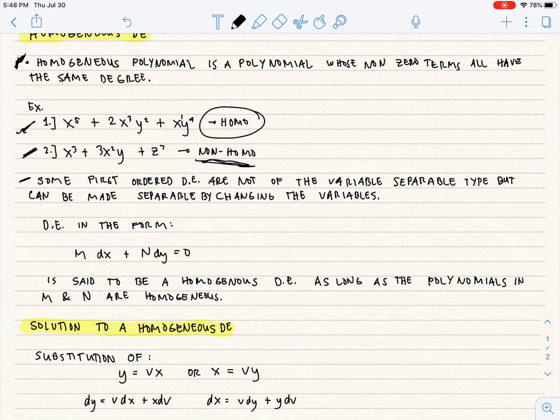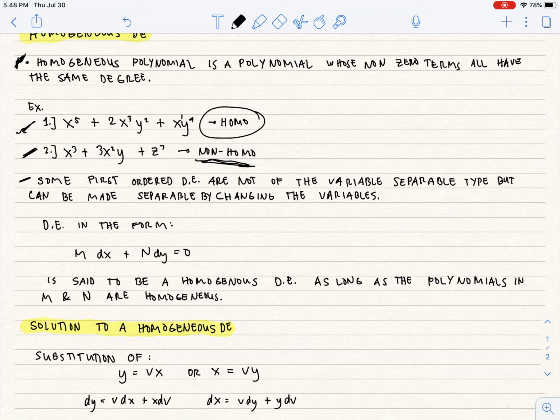So ang whole concept sa homogeneous polynomial, homogeneous DE kay if ever dili separable ang variables sa isa ka DE, i-try nato ni buhat given that the coefficients of dx and dy are homogeneous polynomials.